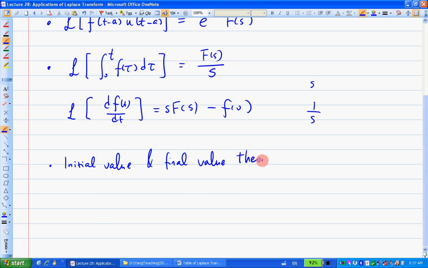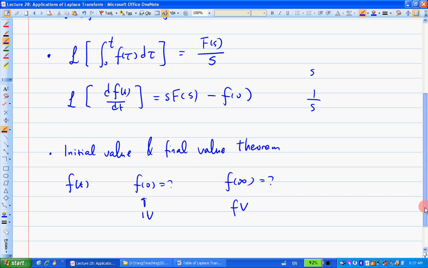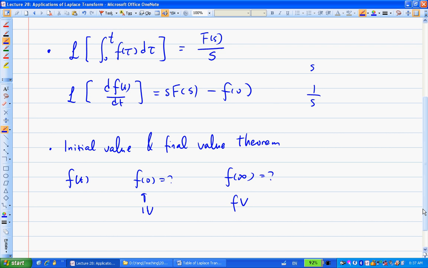If you have a time function f of t, the question here is, what is f of 0 and what is f of infinity? This is basically called the initial value, and this is what we call the final value. At time equals infinity, what's the value here? At time equals 0, what's that?